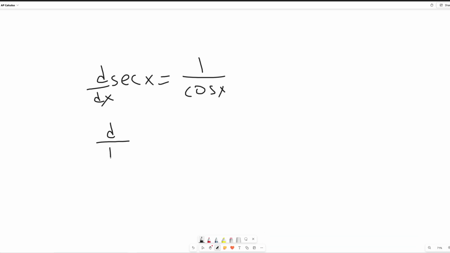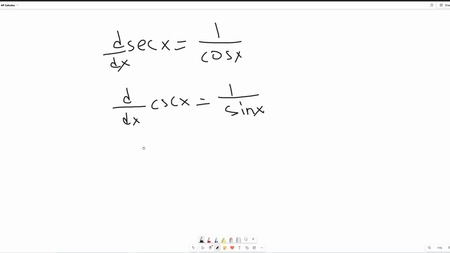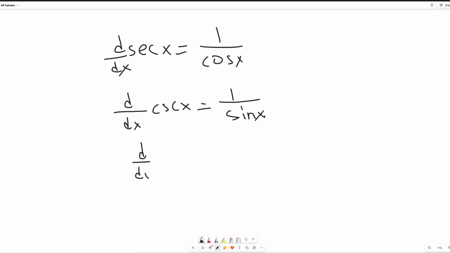Same with cosecant, which is 1 over sine of x. Same with cotangent, which is 1 over tan of x, which is essentially cosine x over sine of x.